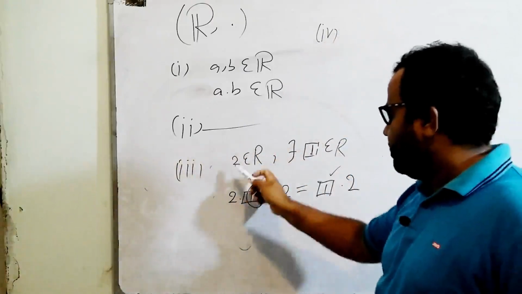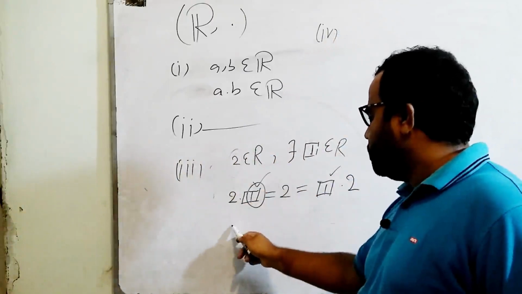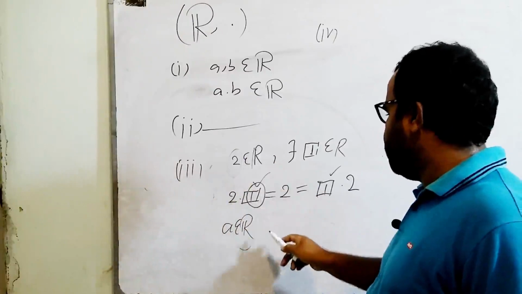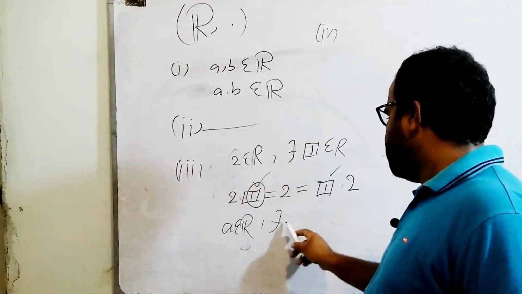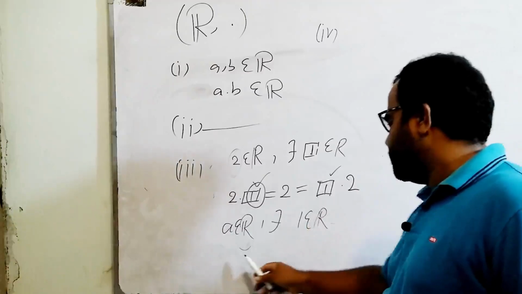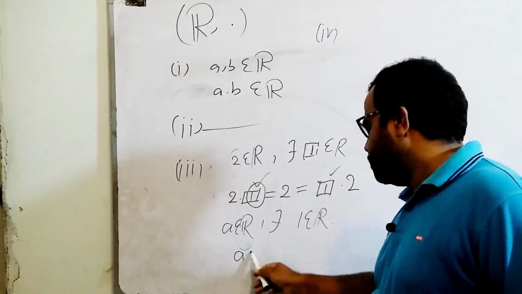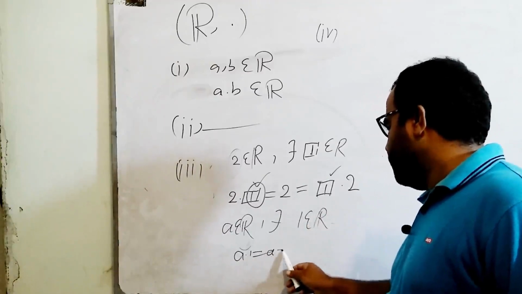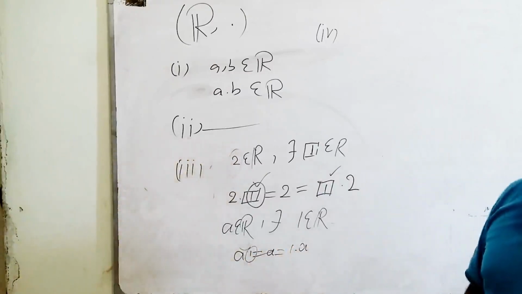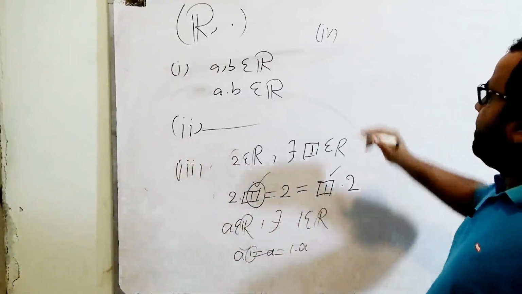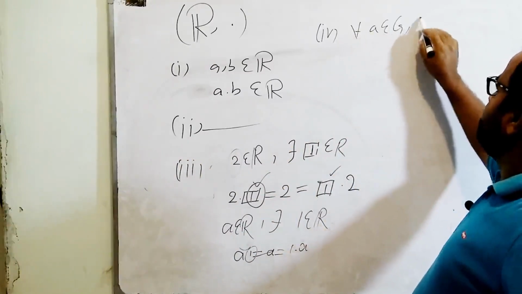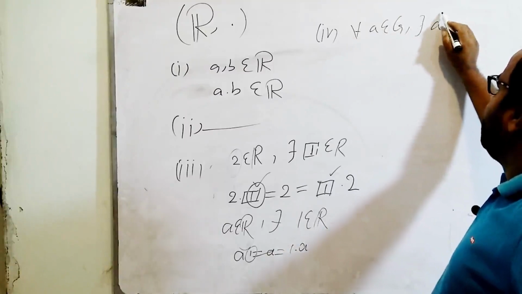Just like here I take 2, you can take A belonging to the set of real numbers, there exists 1 belonging to R such that A dot 1 is equal to A, which is equal to 1 dot A. 1 is the multiplicative identity. And the fourth property is for all A belonging to G, there exists A prime.